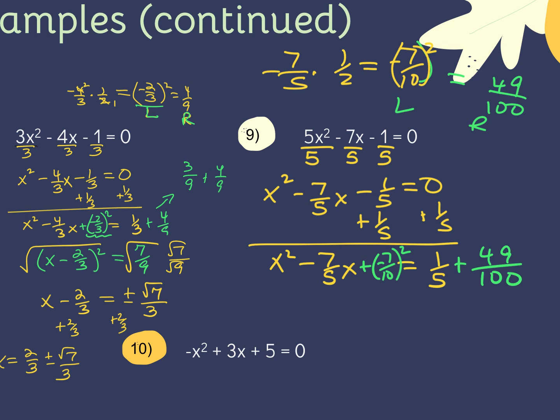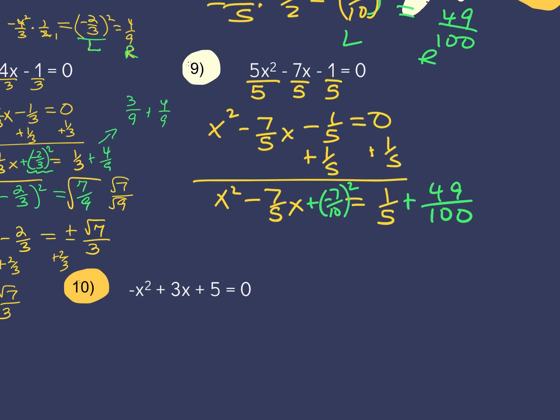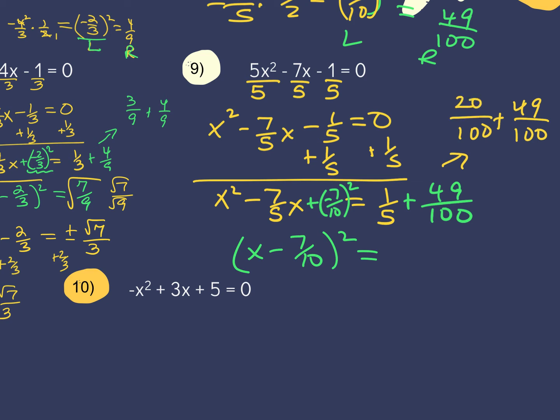I need to factor the left side. It just becomes x minus 7 over 10 squared. The right side, I got to add these. Common denominator is 100. So my 1/5 with a common denominator of 100 is going to become 20 over 100.